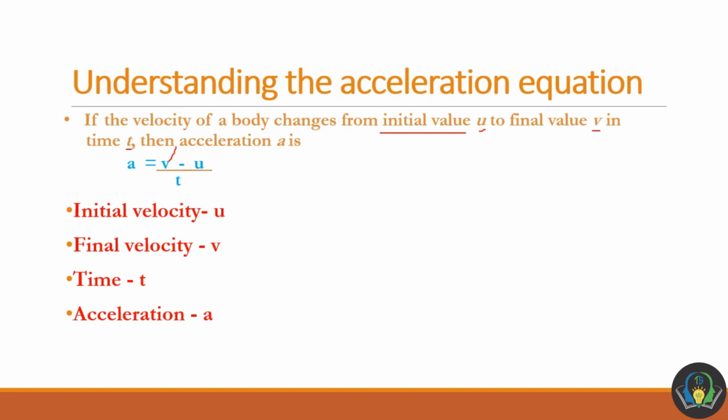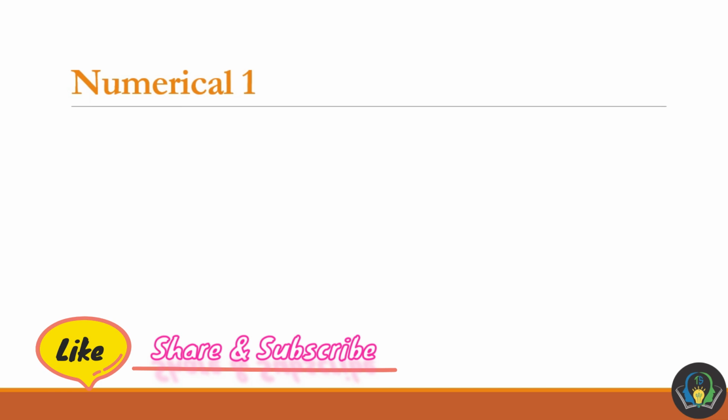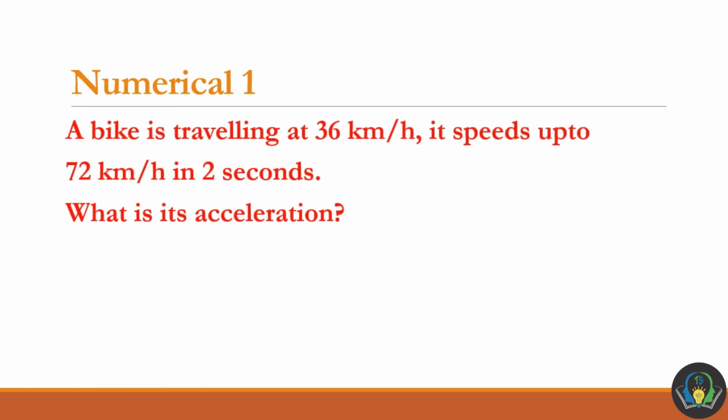So we proceed further with the next thing. The very first thing, numerical number 1. A bike is traveling at 36 km per hour. It speeds up to 72 km per hour in 2 seconds. Here, a bike is traveling at 36 km per hour, that means its initial velocity is 36 km per hour.